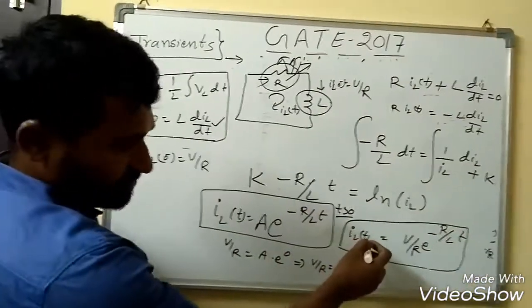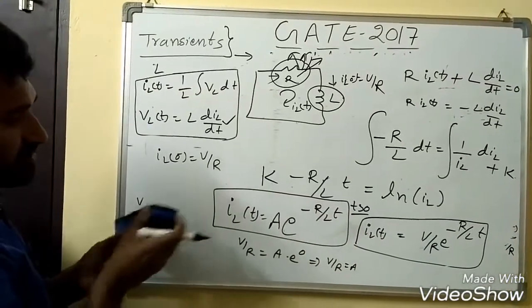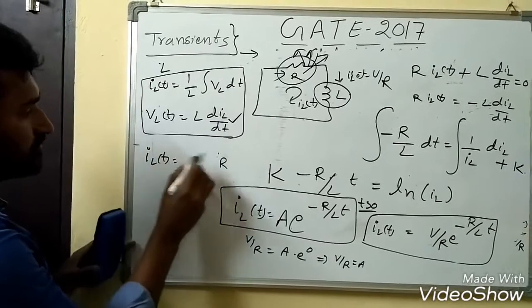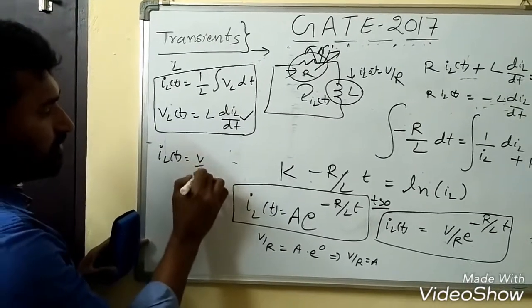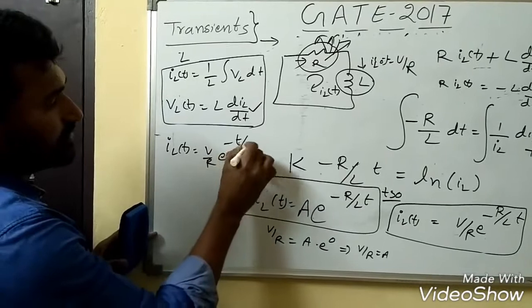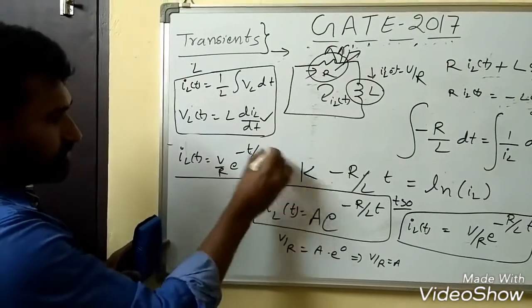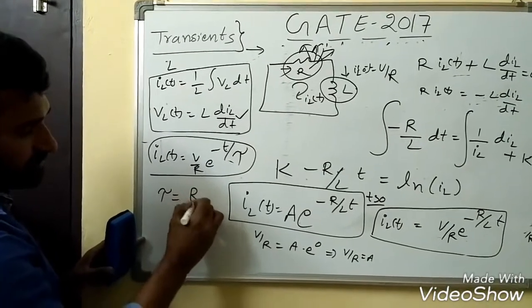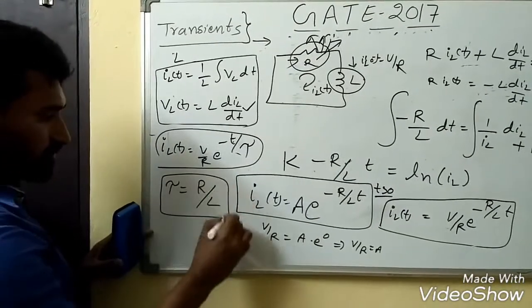Right? Now I can write this expression in a different way. IL of t is equal to V by R into e power minus t by tau. Now what is this tau here? Tau is the time constant. So this is R by L. Right?